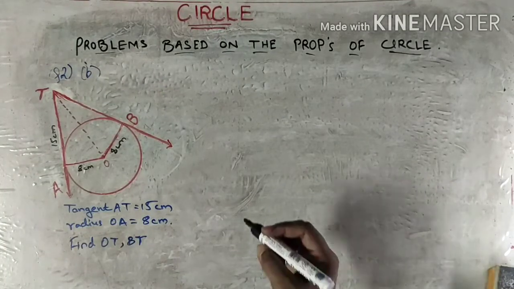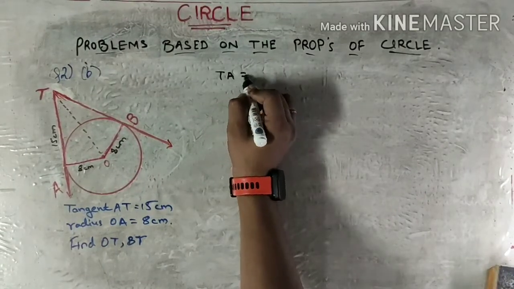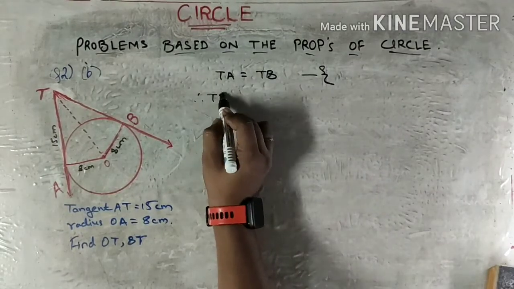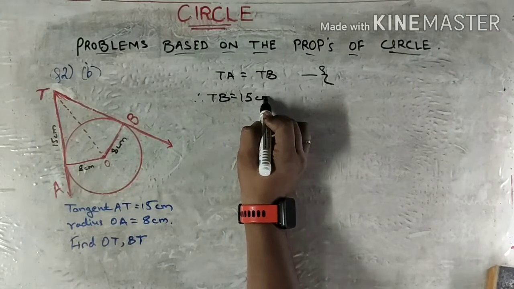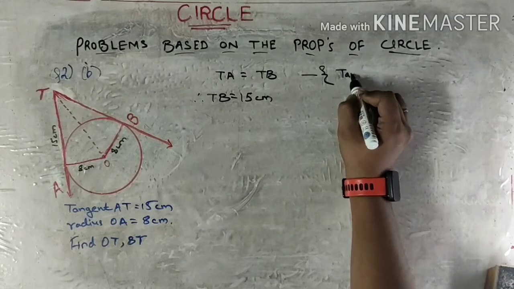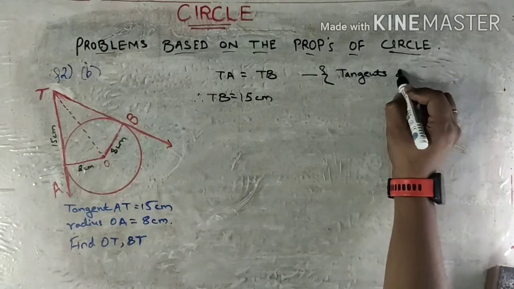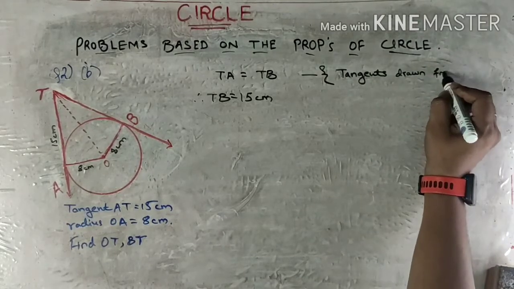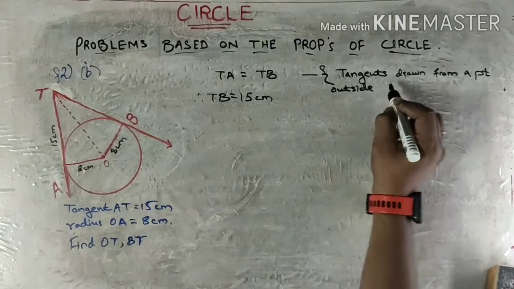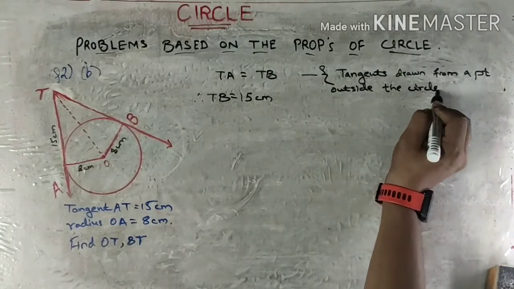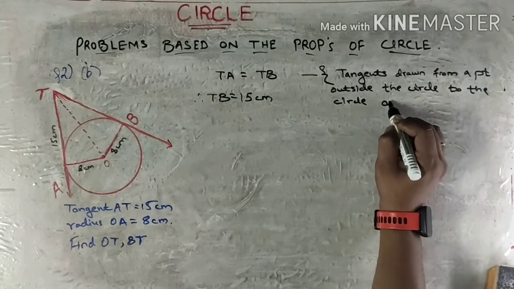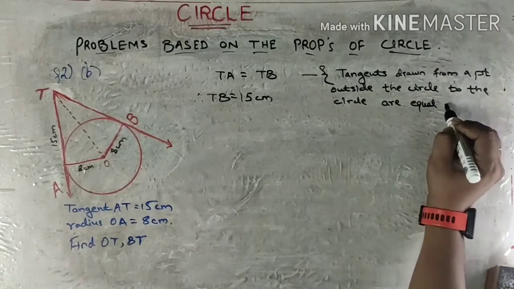So I can write over here TA is equal to TB. Therefore TB is equal to 15 centimeter, and the reason will be tangents drawn from a point outside the circle to the circle are equal.